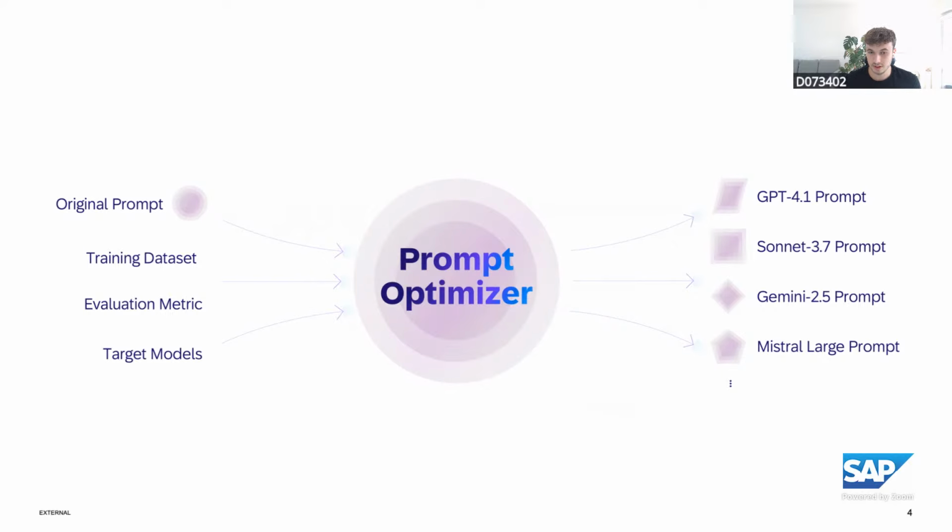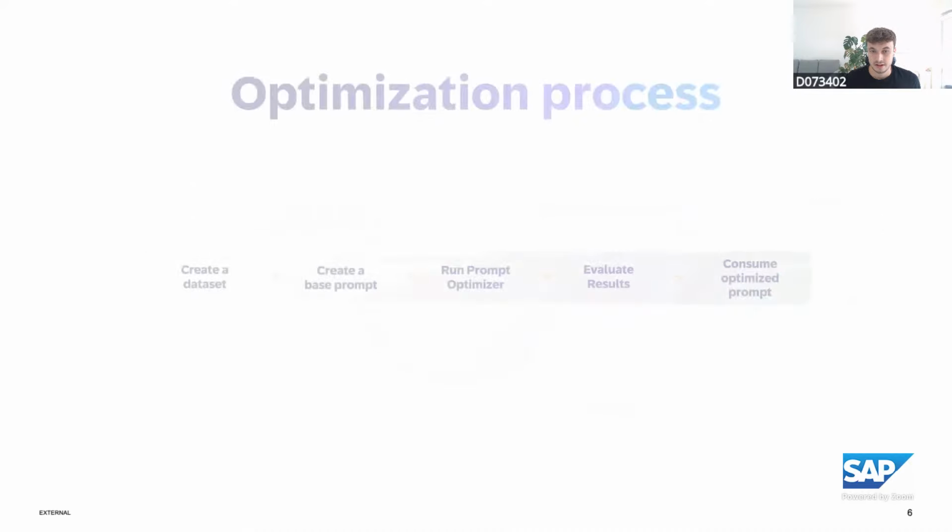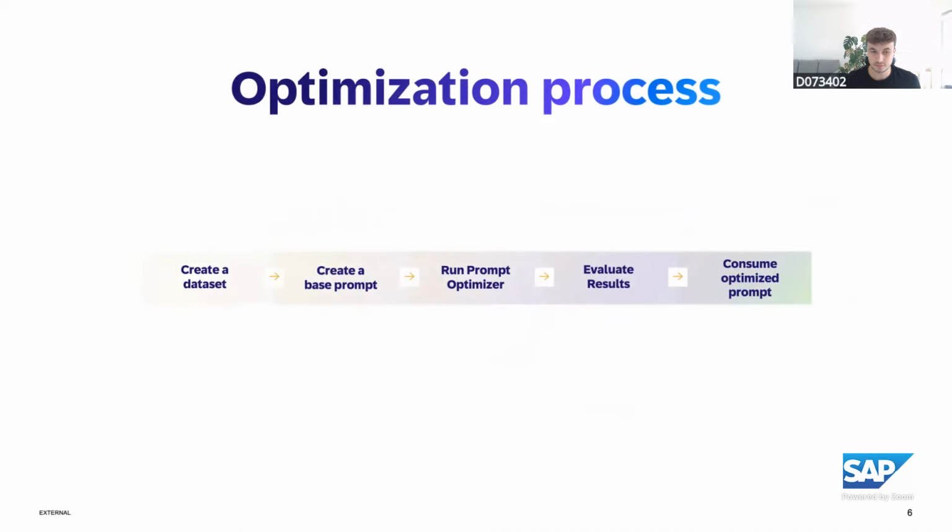Now I want to guide you through all the steps you need to take to perform such an optimization. The process is the following. First, you create a data set, and this can be a JSON data set that contains a lot of training data. In a second step, you also need to define the base prompt, and this is the prompt you want to optimize. Based on those two things, you can run the actual prompt optimization and execute the prompt optimizer in AI Core.